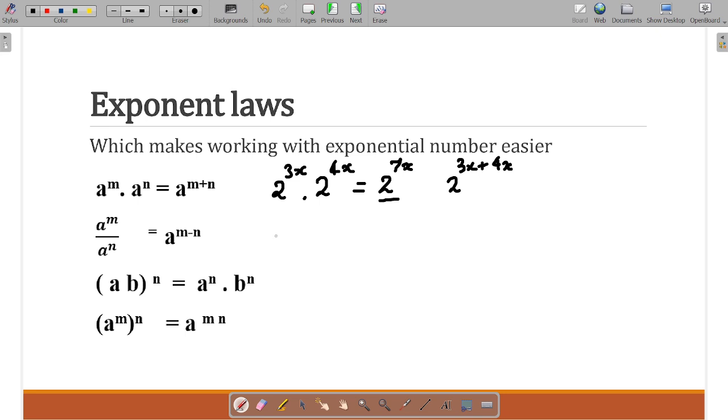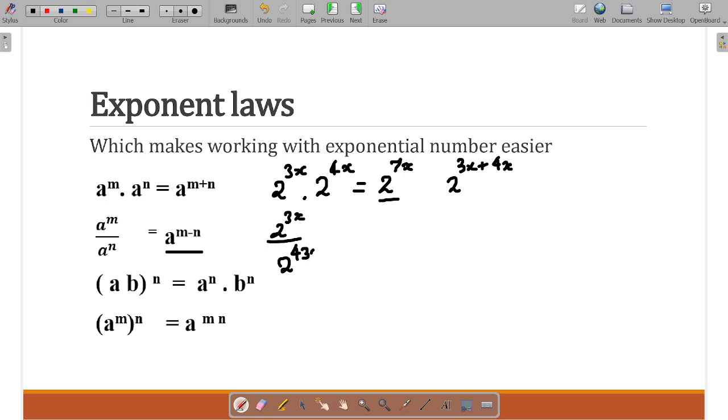Okay, so we will go to more laws here. The second one is a power m by a power n is equal to a power m minus n. I am going to use the same number here. Suppose 2 power 3x by 2 power 4x.